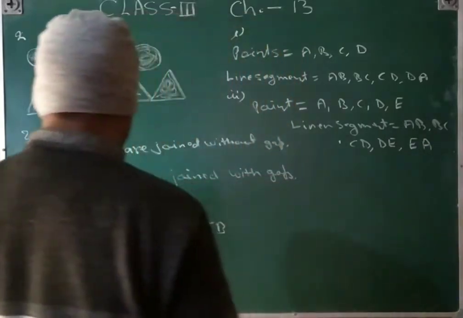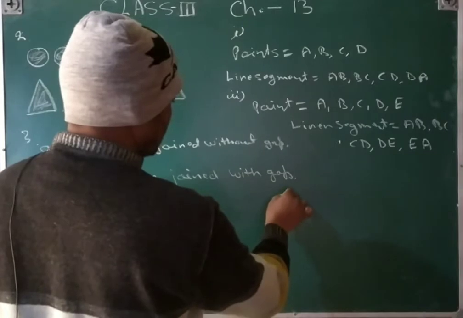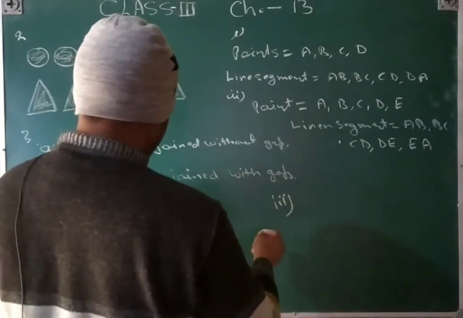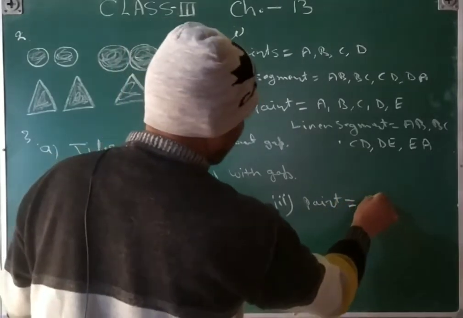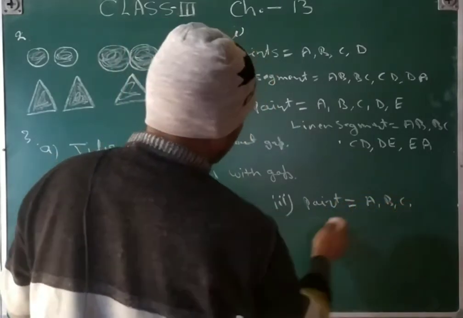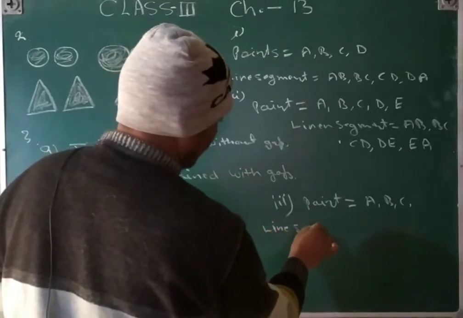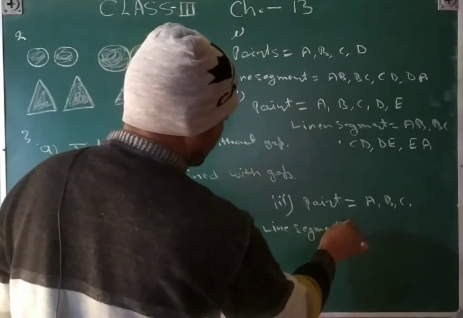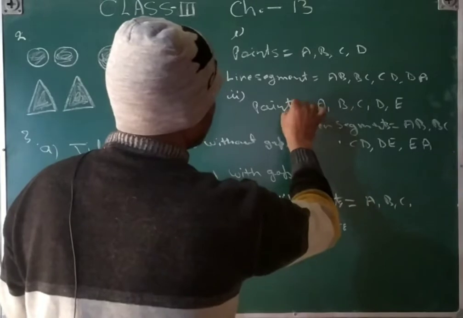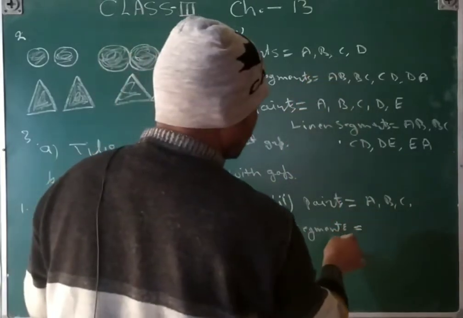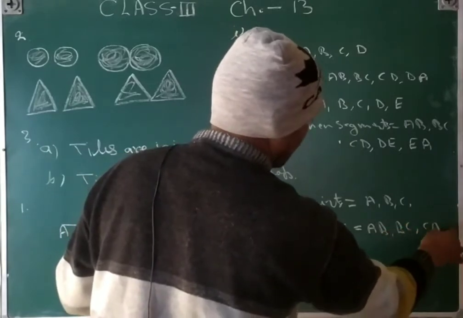Here are 5 line segments. And then the third part, points are only 3 points, A, B, C, and line segments are AB, BC and CA.